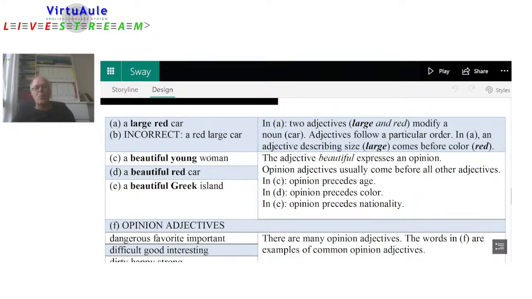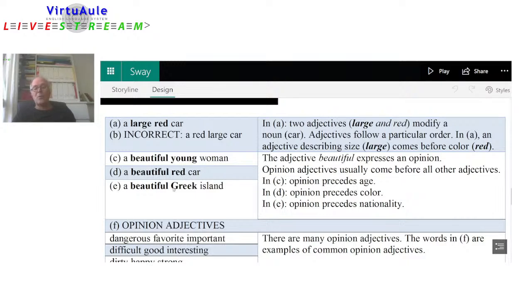A beautiful young woman. The adjective beautiful expresses an opinion. Opinion adjectives usually come before all other adjectives. So, a beautiful young woman. Young is the age. A beautiful red car. Red is the color.